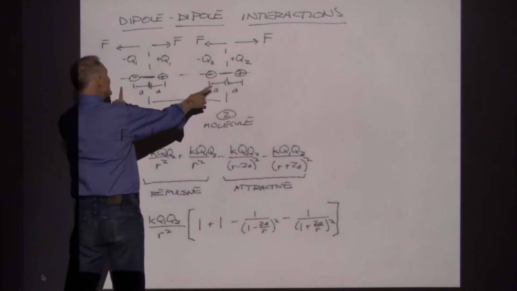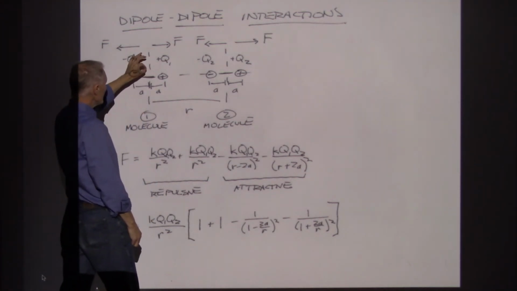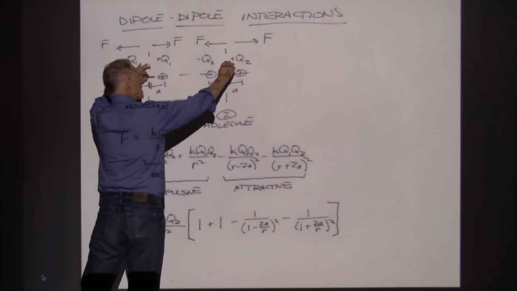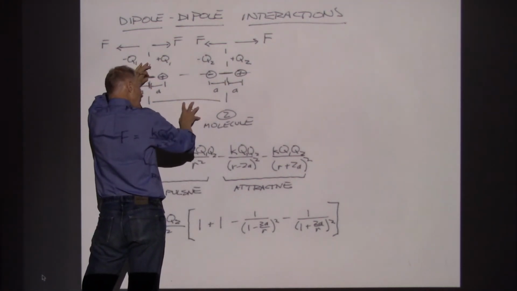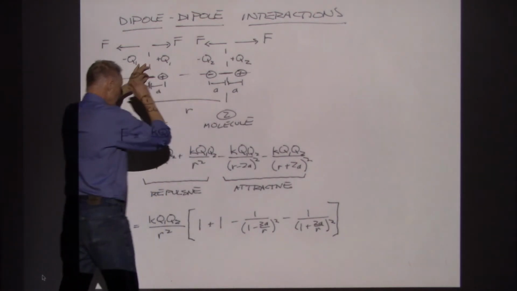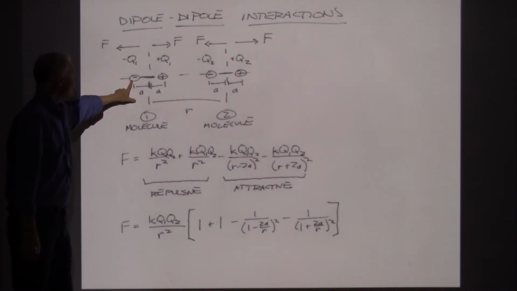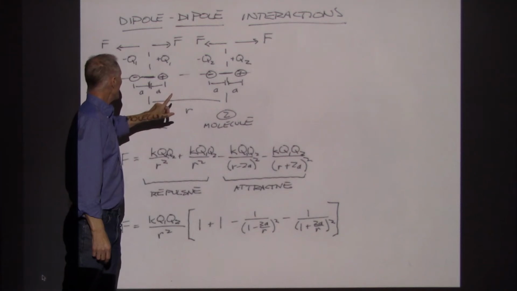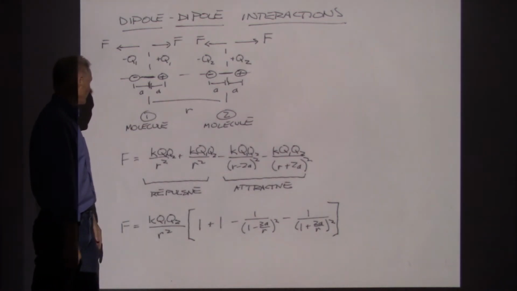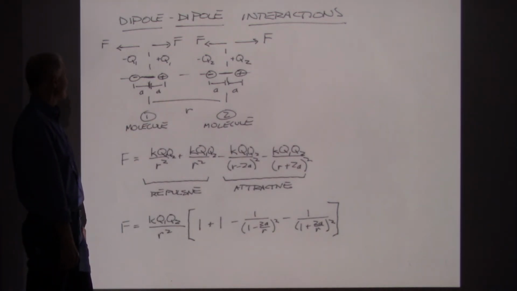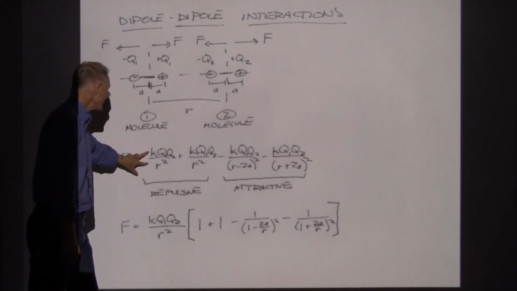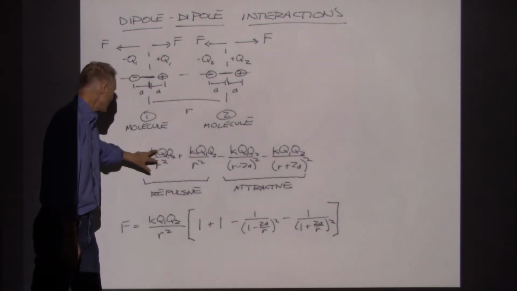And if I look at the distance between the molecules, from the center of this molecule to the center of that one, I'm going to label that as R. And so the negative here and the, these are the repulsive terms. I guess I'm using those as negatives and these as positives.